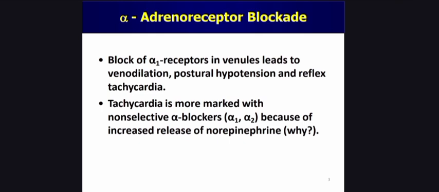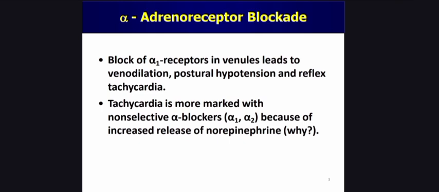The body responds to lowering of the blood pressure. If I block both the alpha-1 and the alpha-2, I would see the reflex tachycardia associated with the alpha-1 blockage, but also I would see more exaggerated tachycardia because I have now enhanced release of norepinephrine due to the blockage of the alpha-2 receptor. Okay?